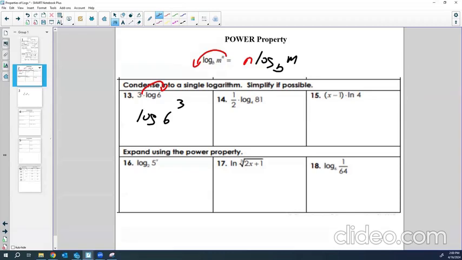And then what is 6 cubed? 6 times 6, good. I think it's what? 216? That gives you log base 10 of 216. Good?